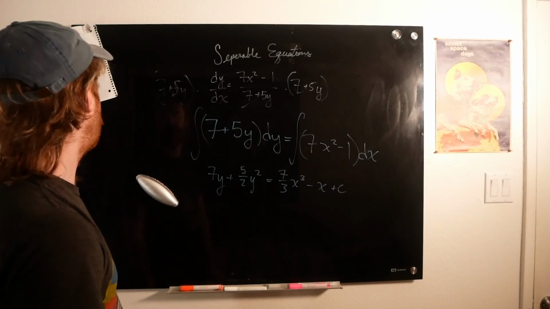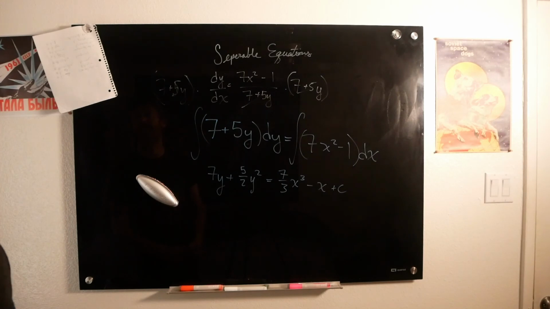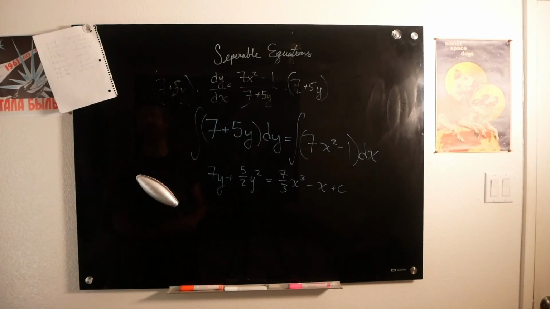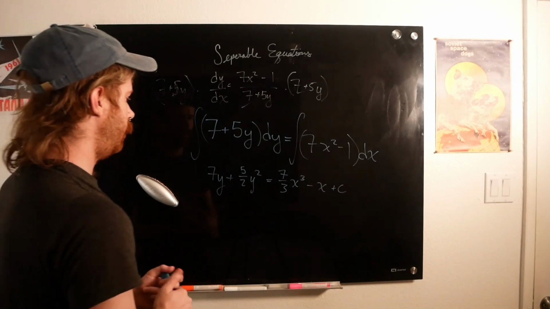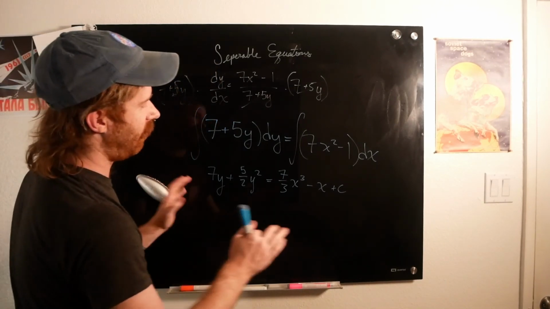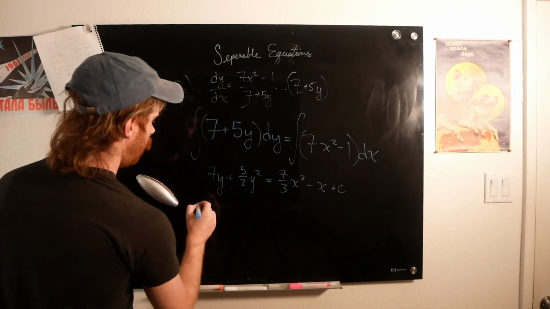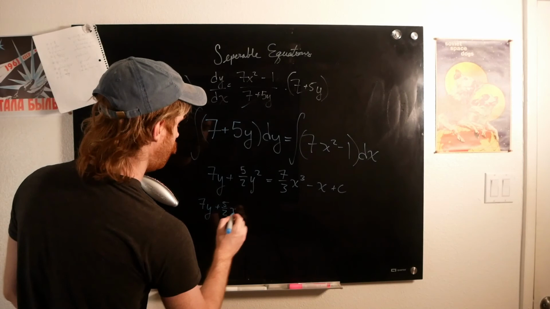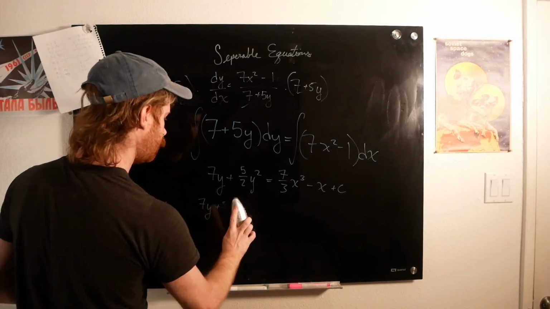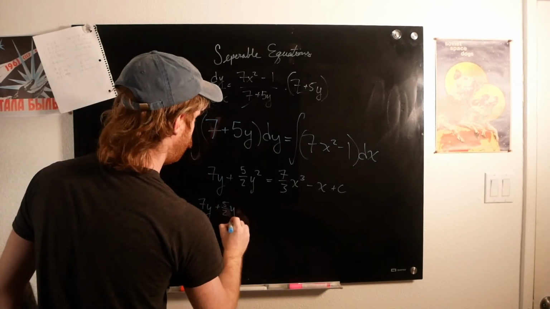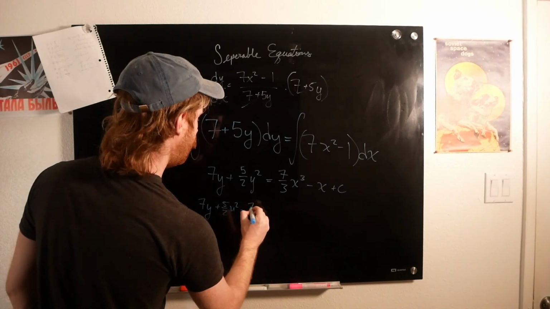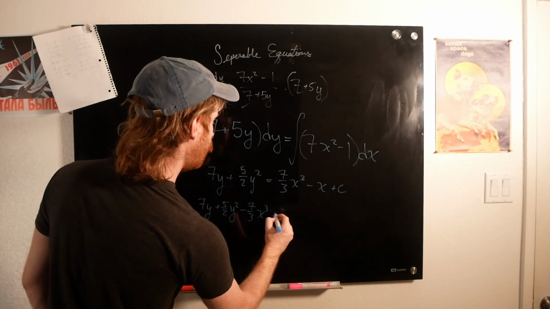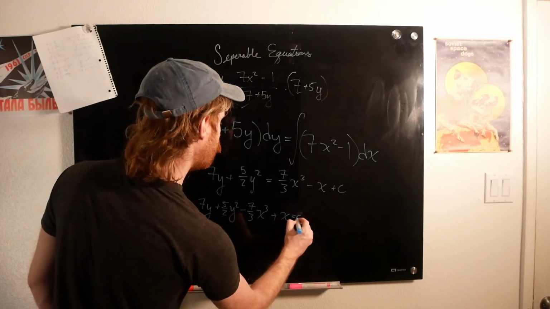I don't think it really matters, but let's go ahead and do it anyway because I think that's what the answer says in the book. So in order to do this, let's get everything away from c. So we're left with 7y plus 5 over 2 y squared minus 7 over 3 x cubed plus x equals c.